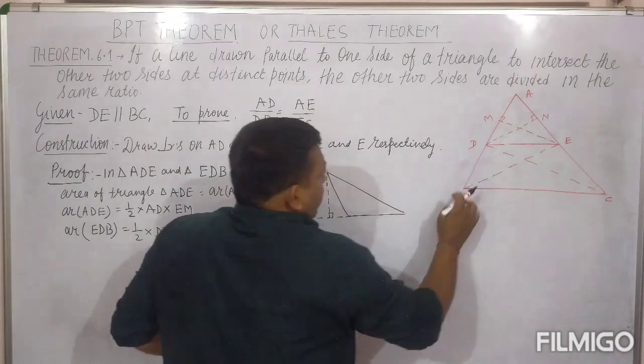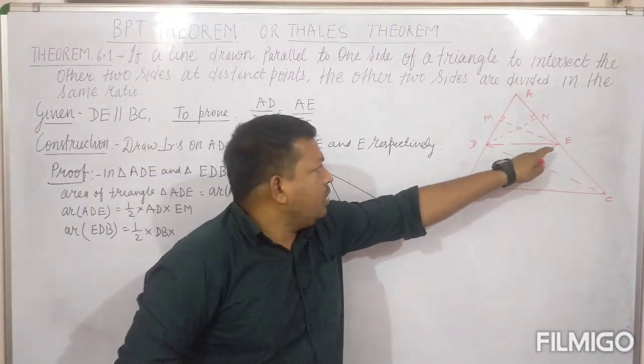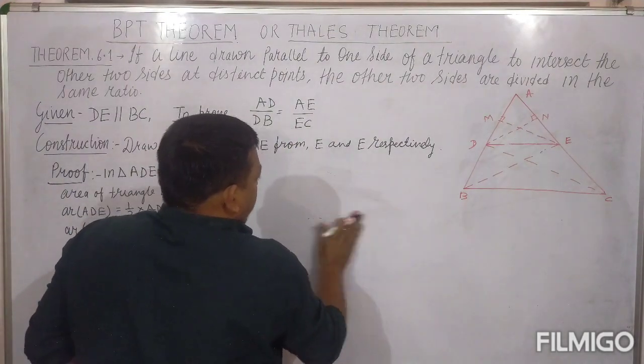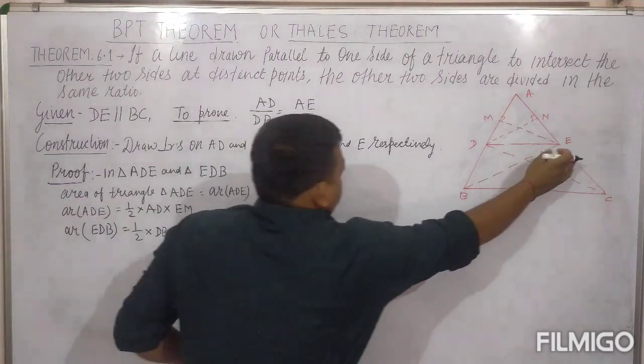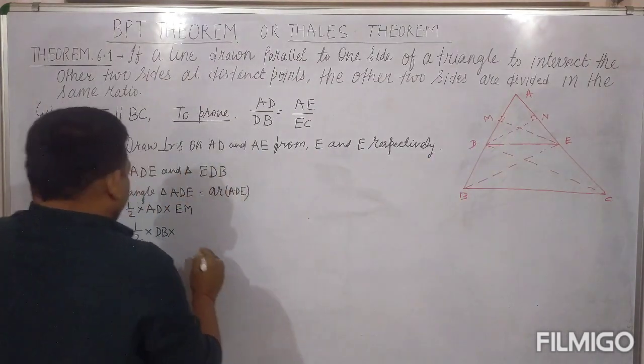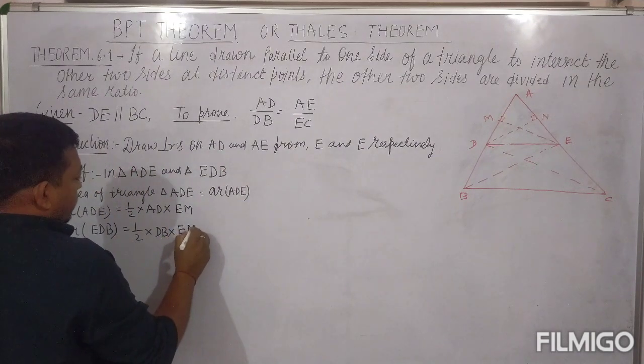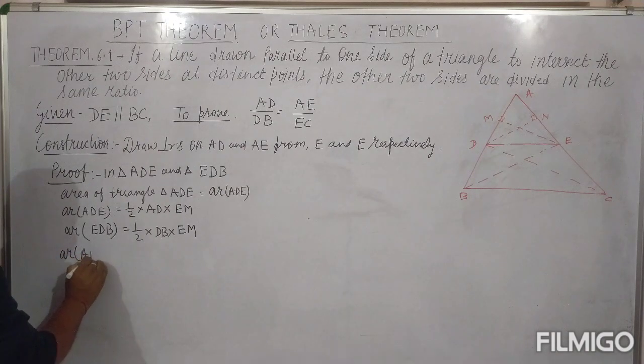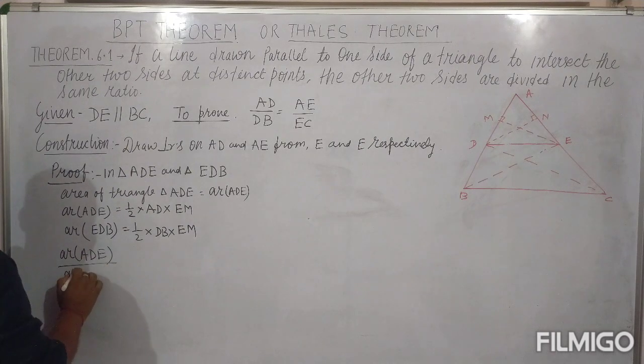And triangle EDB is an obtuse angle triangle, so the height will be EM. We will write EM. Now we will calculate the ratio of the areas: area of triangle ADE by area of triangle EDB.